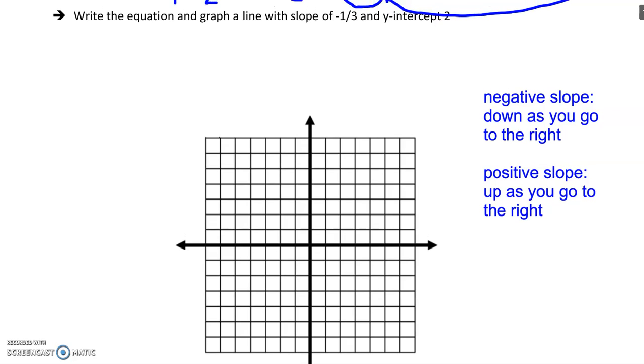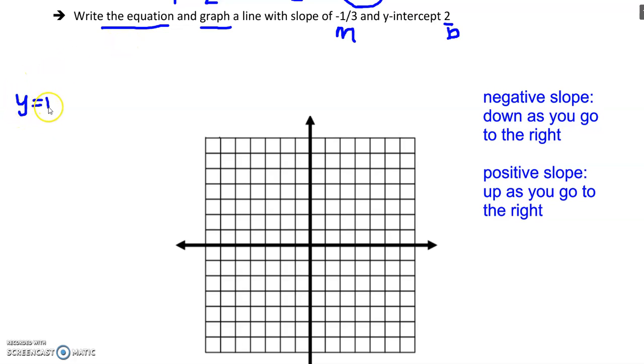Okay, this next problem, we're going to do 2 things. Write the equation, so that's the first thing, and then graph the line with the slope of -1/3 and y-intercept of 2. Slope is m and y-intercept is b. So this first part is actually pretty straightforward.